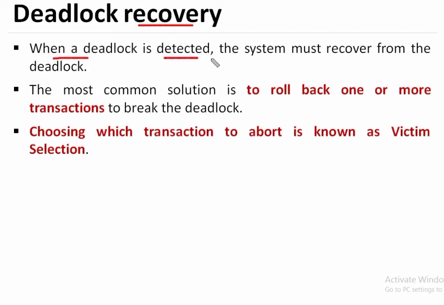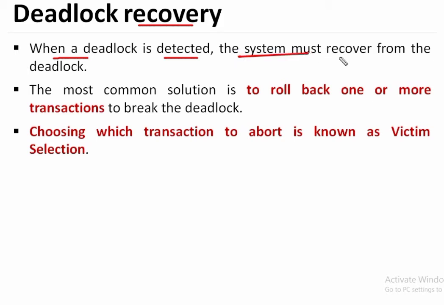Now, deadlock recovery. When a deadlock is detected, as we have seen in the previous slide, because we found a cycle, and a cycle means a circular condition, and a circular condition is the detection of the deadlock. So once we find a deadlock in the system by the graph, how can we recover from that deadlock?